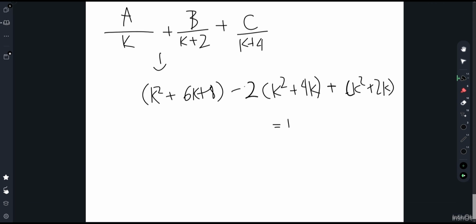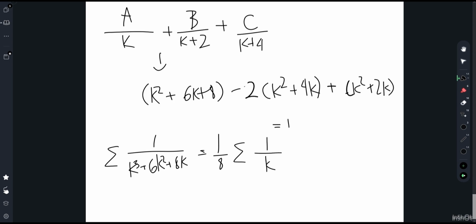So what this means is that 1 over k cubed plus 6k squared plus 8k is equal to 1/8 times the summation of 1 over k minus 2 over k plus 2 plus 1 over k plus 4. So now this sets us up for something called telescoping, which means that repeated terms cancel out.